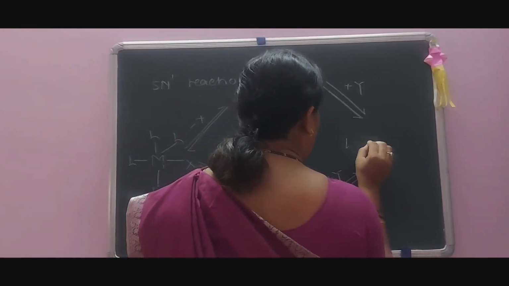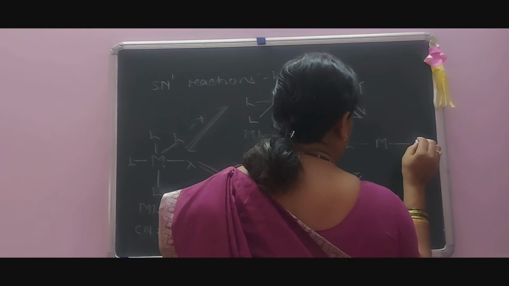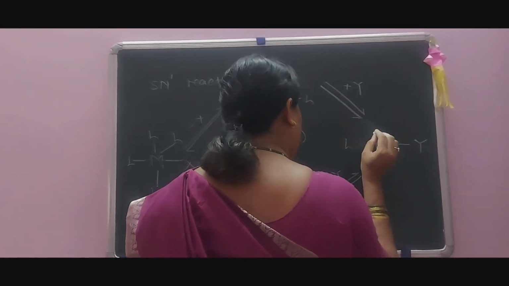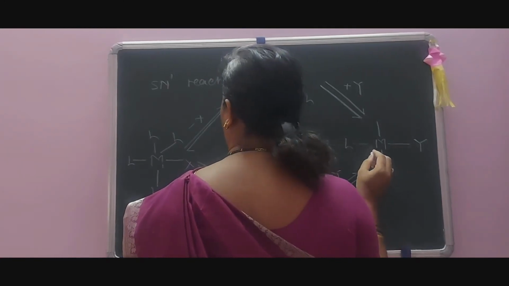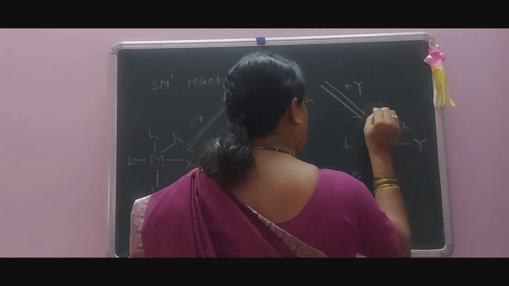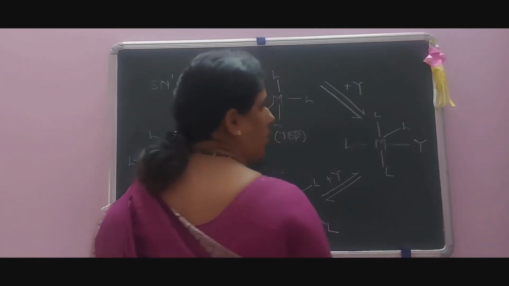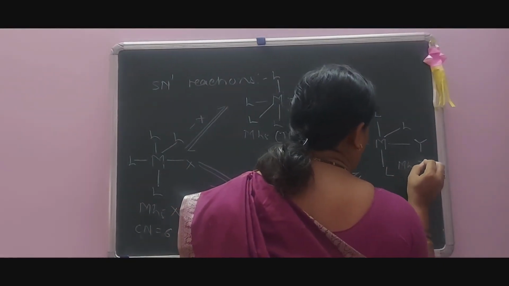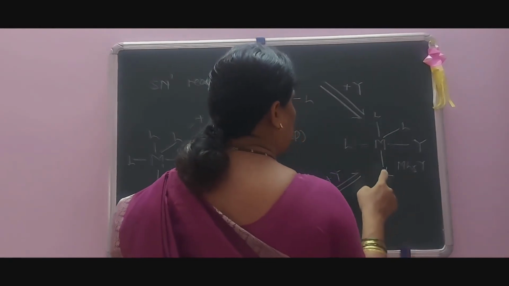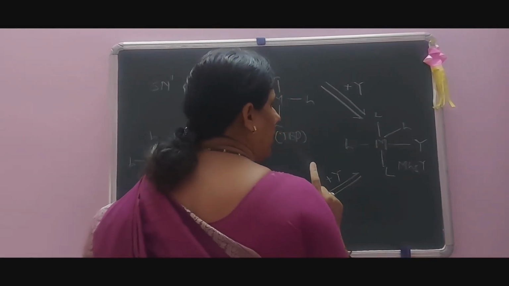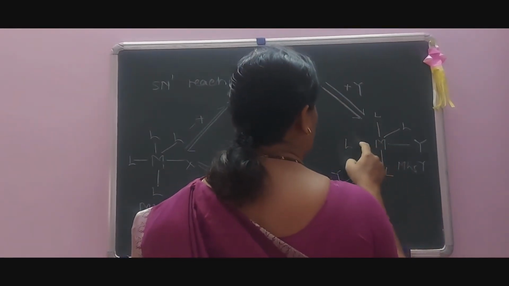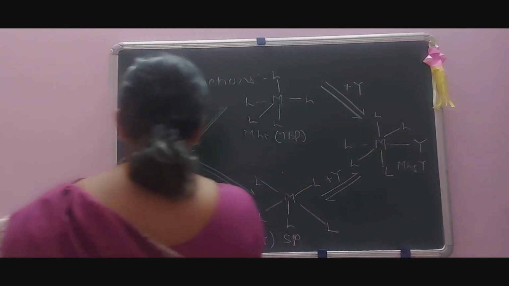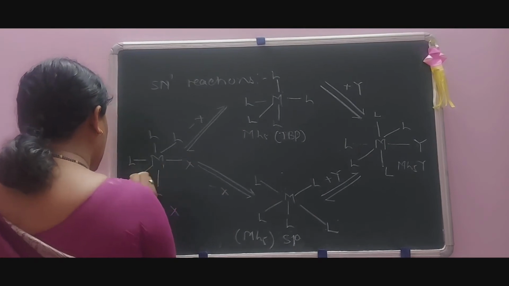That is ML5Y. Here 1 2 3 4 and here a 5, here also 1 2 3 4 and here also a 5.